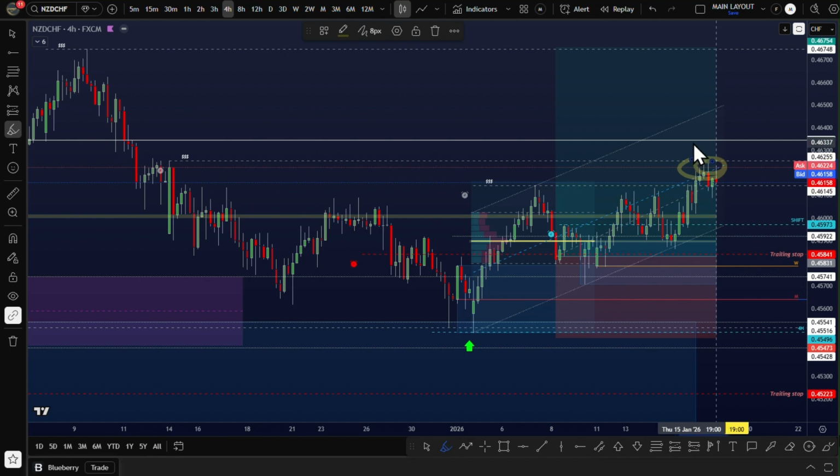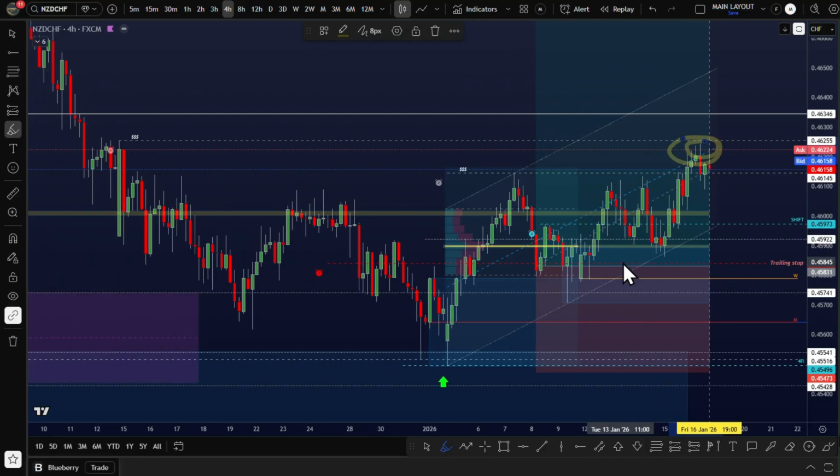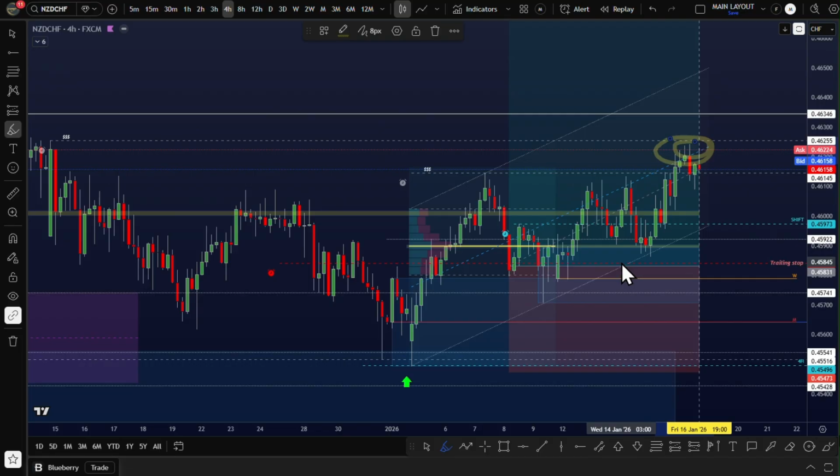I could hold the trade around this, but again, we are on a small account. I want to grow it fast because it's very hard to trade small accounts. So as soon as I get some profit on the table, I need to bank some profit.